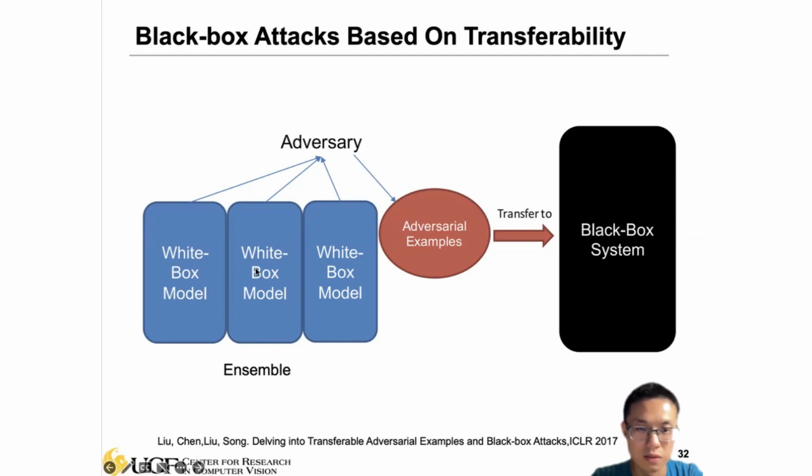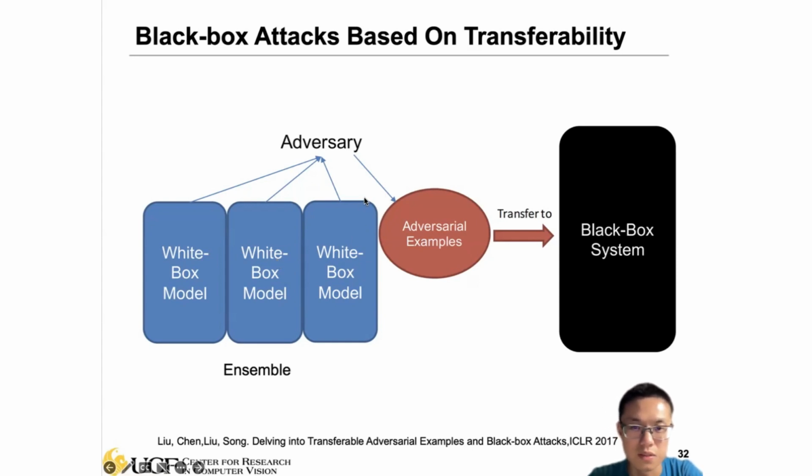Once you have this, you can do this as an ensemble, so make sure the adversary example is able to be very successful fooling the committee of networks. Let's say you have 10 proxy networks for this ensemble. So ideally the objective is you generate some adversary examples so that they can fool all these models.